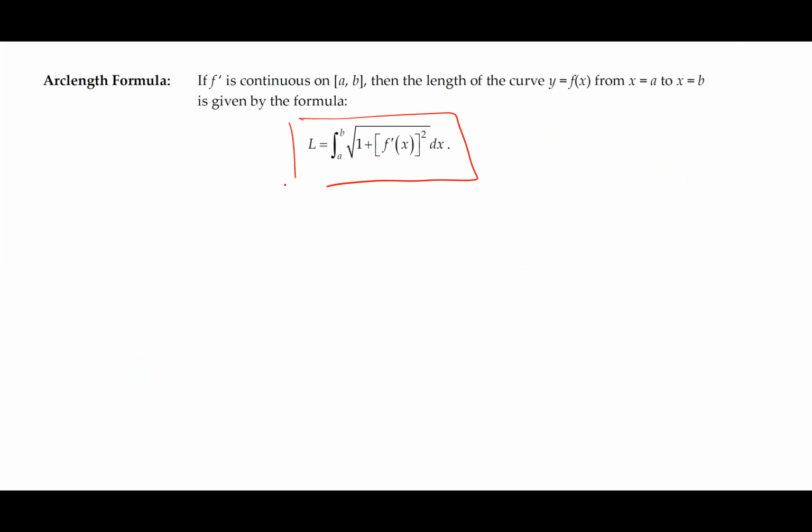Okay? So there's the arc length formula. Where does it come from? Well, it comes from partitioning the interval, creating individual line segments, using the mean value theorem to write that length in terms of the derivative, and evaluating.